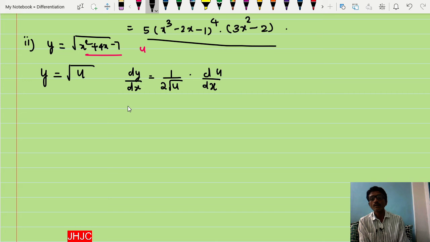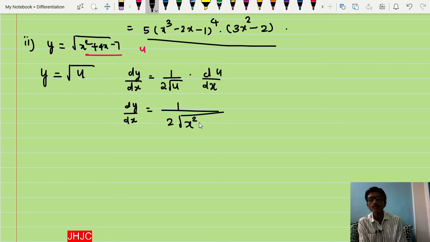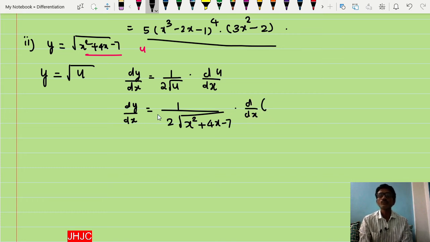Here dy by dx is equal to 1 upon 2 root u, where u is x square plus 4x minus 7, into du by dx, that is d by dx of u.